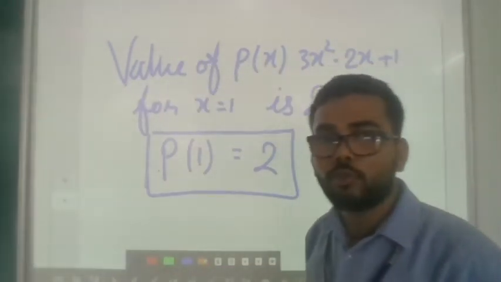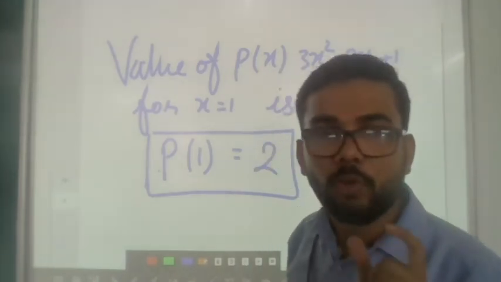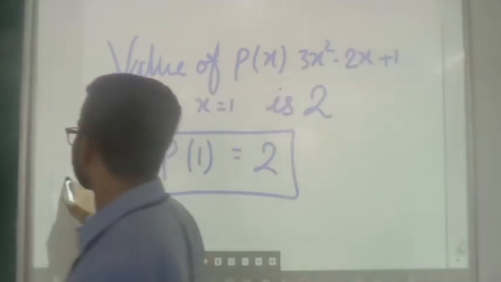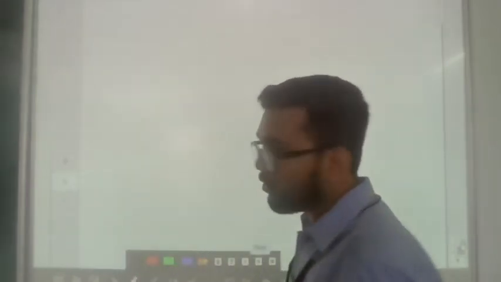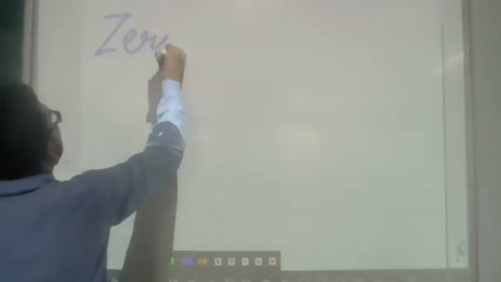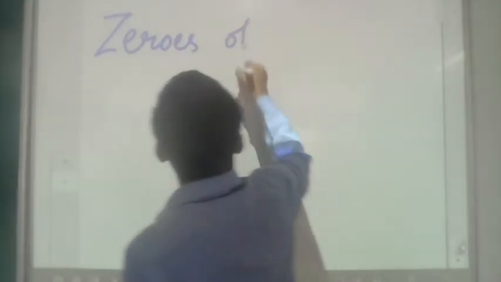Now we will have to know about the zeros of the polynomial. What are zeros of the polynomial? If you are able to find the value of a polynomial, you can easily obtain the zeros of the polynomial.